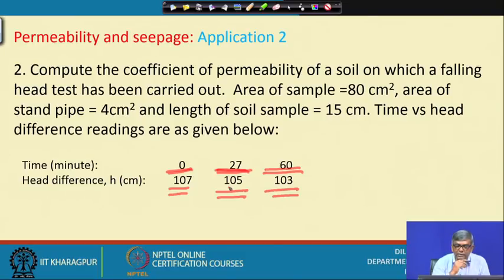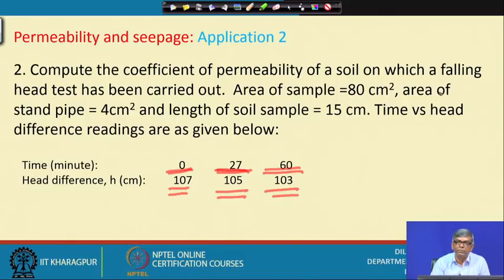So, based on these readings and the given information, that means sample dimension, area and length, and the water applied through a standpipe whose cross sectional area is also given, we need to find out the permeability.